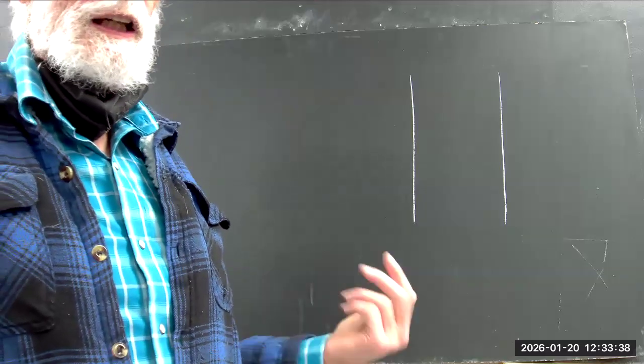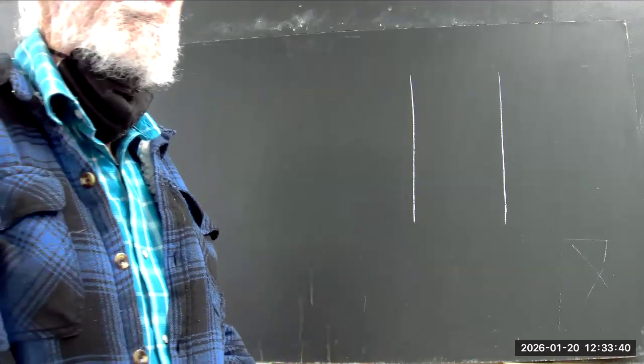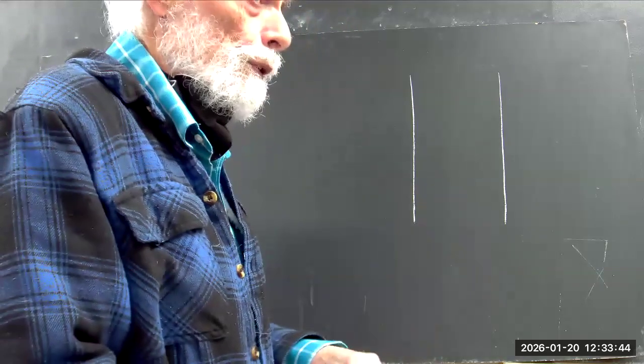Now draw a dotted line halfway between. Dotted line halfway between your 2 vertical lines. I just want to see if you know where halfway is. Halfway is a big deal. Vertical. The verticals are up and down, horizontals back and forth.